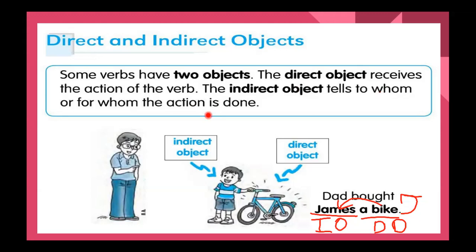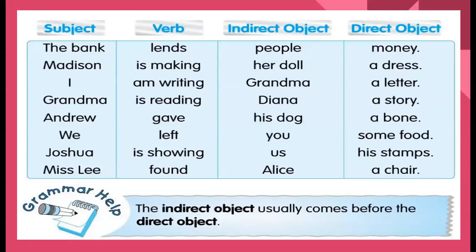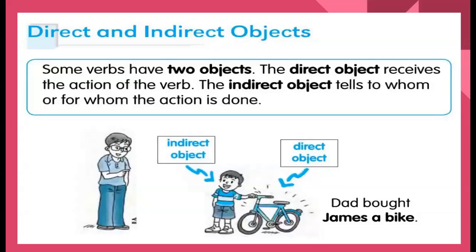Now let's see another example. I'll give you a simple example. Father bought us a plate of biryani, or a pack of biryani, whatever. So what is the direct and indirect object over here? Please pay attention. I'll read once again.